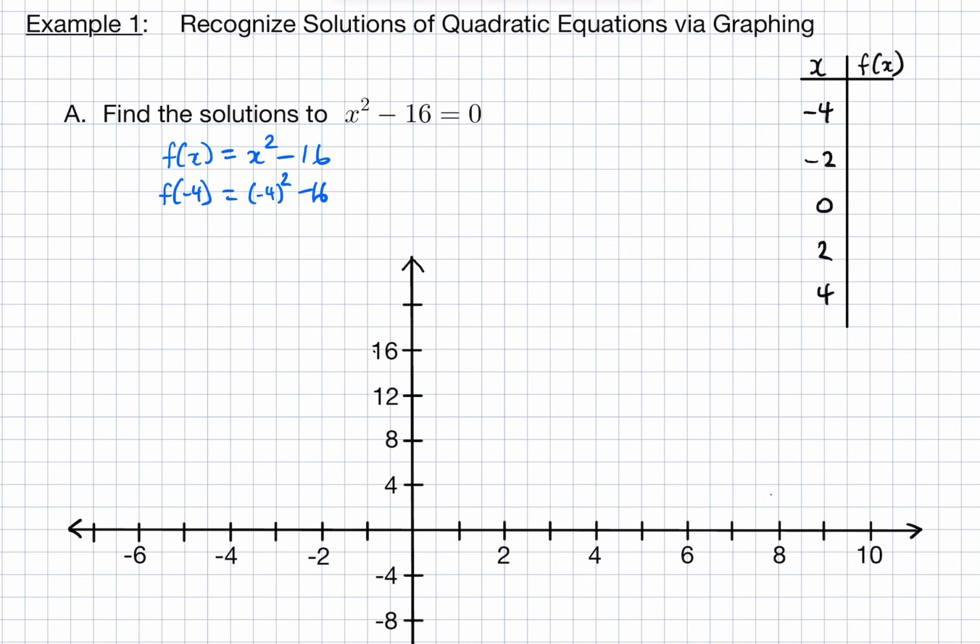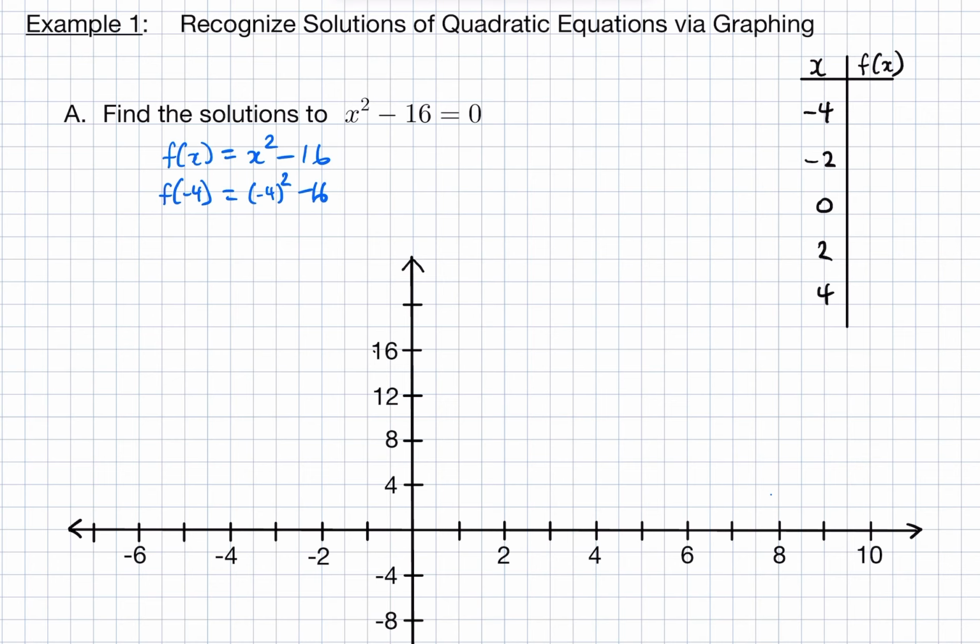Now, for those of you who are entering this into the calculator, you need to be careful that when you enter -4 squared, you put them in parentheses. When you put them in parentheses, what the calculator will do is square -4. If you don't have the parentheses in place, it's going to take 4 squared and then negate the final value.